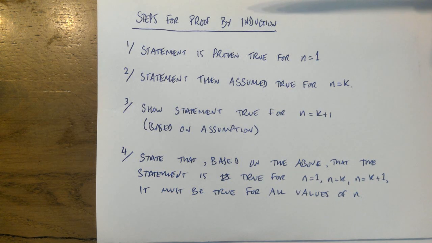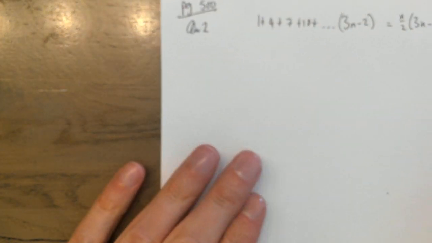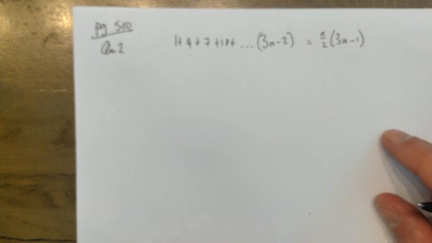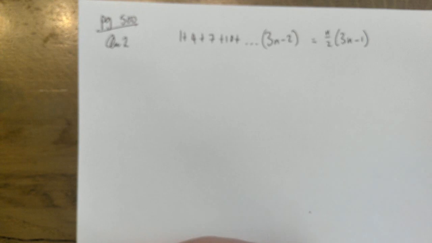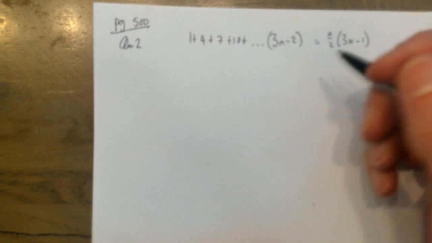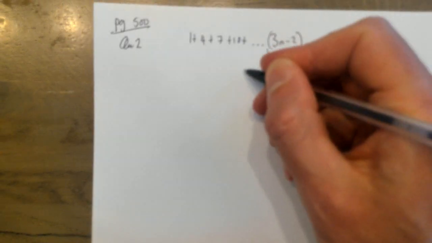The first thing we do when we have a question regarding proof by induction is step 1: prove the statement is true for n equals 1. I'm going to look at the left hand side, the rule of the statement, and put 1 in.